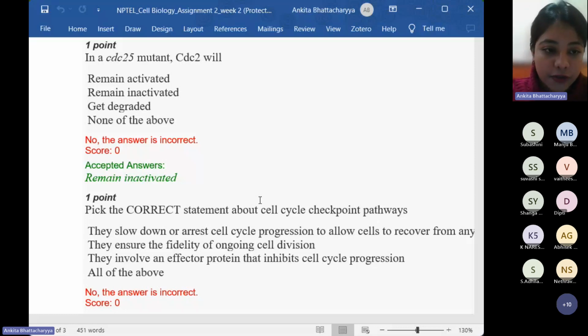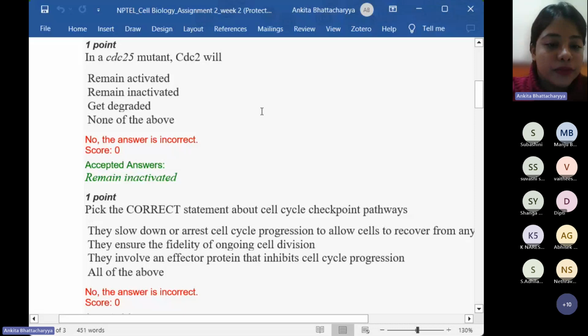It removes inhibitory phosphates. So if in a particular cell, CDC25 has been mutated, what that will end up doing is that the inhibitory phosphate will never get removed, and under those circumstances CDC2 will remain in its inactivated state as it was before. Therefore option B is correct. It will remain inactivated because its inhibitory phosphate will not be removed.